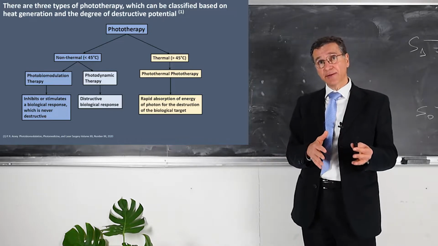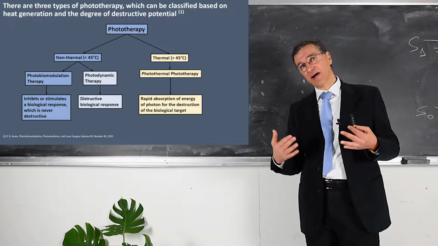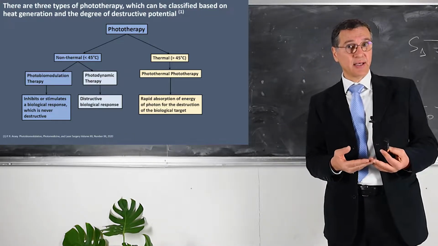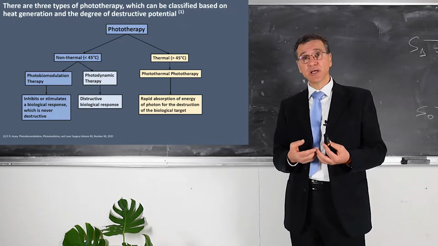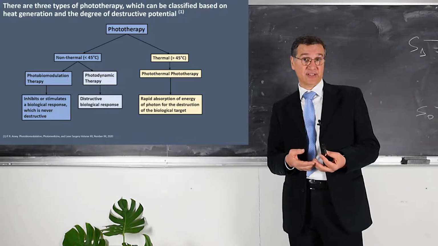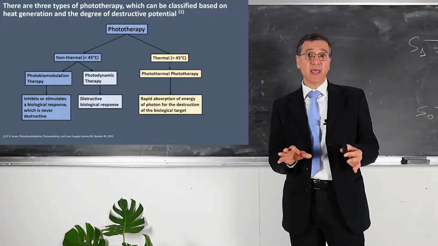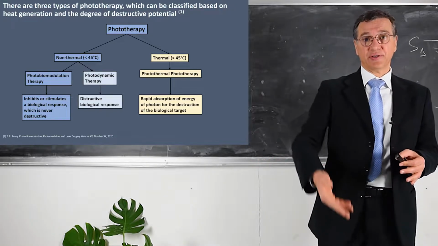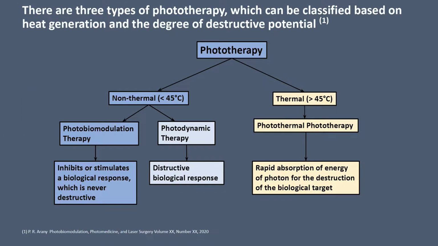On the other side, there are pure photochemical effects, which are due to the fact that the photons are again interacting with chromophores and inducing a photochemical effect. But then we may have two classes of chromophores. The exogenous chromophores that we insert inside of the subject from the outside. A typical example is photodynamic therapy.